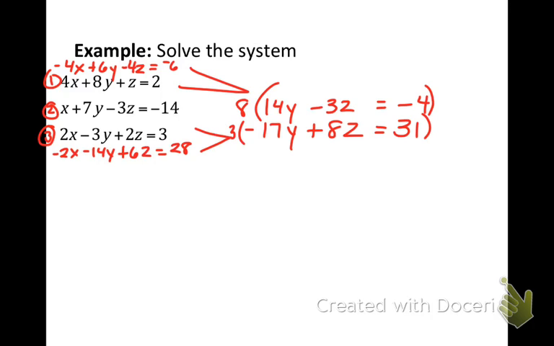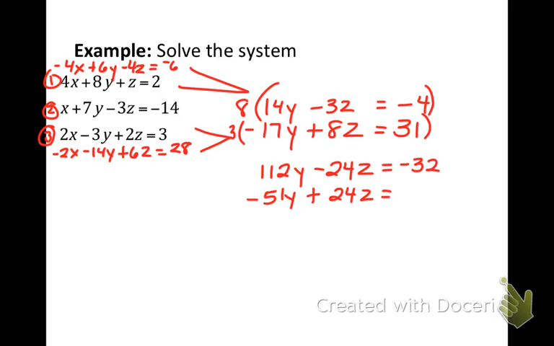So 8 times 14 is 112y minus 24z equals negative 32. 3 times 17 is negative 51y plus 24z equals 31 times 3 is 90.